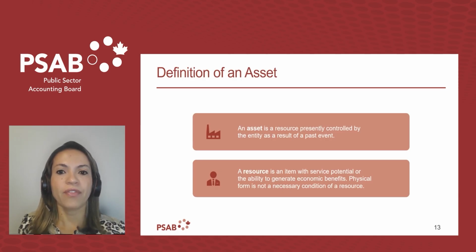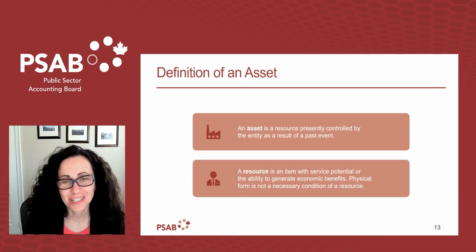They may be physical resources with the ability to generate future net cash flows or that will be consumed in the provision of future service in the normal course of operations, including land, buildings, equipment, books, etc. And the third one, non-physical resources or intangible resources representing recognizable rights to future economic benefits and service potential. Examples of intangible assets that may be recognized by public sector entities include licenses, computer software, etc. Is it clear now? Yes, thank you, Camilla, for that clarification.